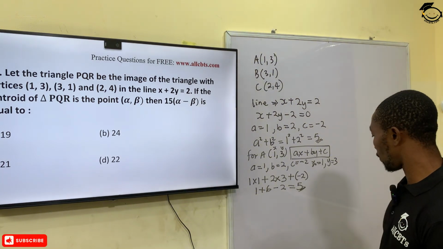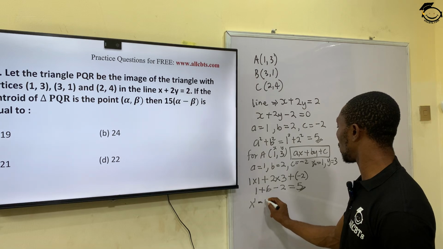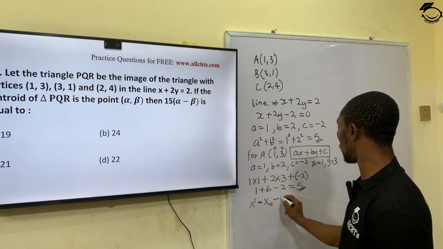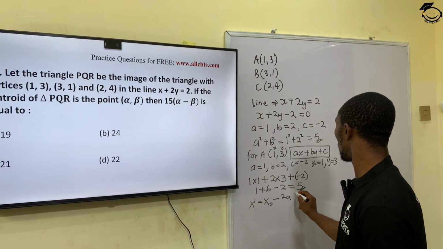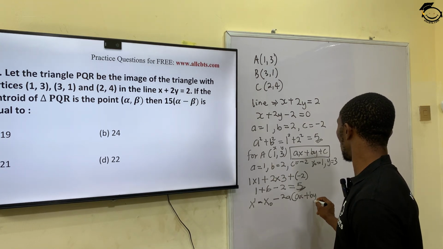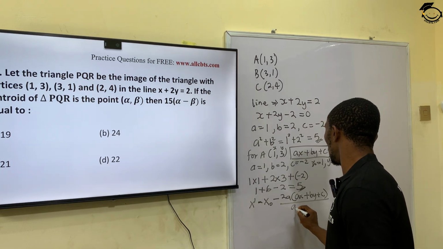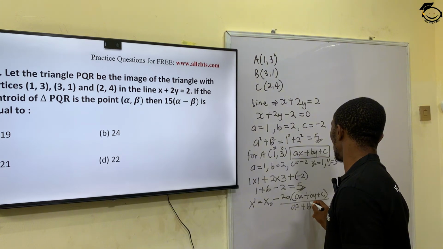Now for our x bar, we have it as x0 minus 2a times (ax plus by plus c) all over a squared plus b squared.